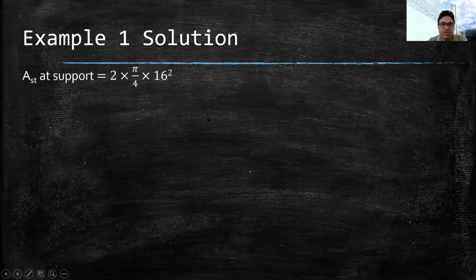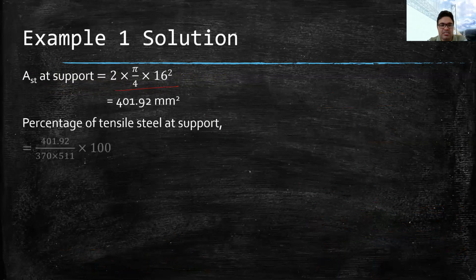So AST at support is 2 into pi d square by 4, and we calculate the percentage, which is 401 over b d, and after calculation we find that the percentage of tensile steel at support is 0.21%.